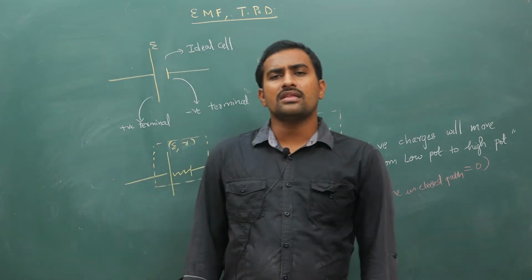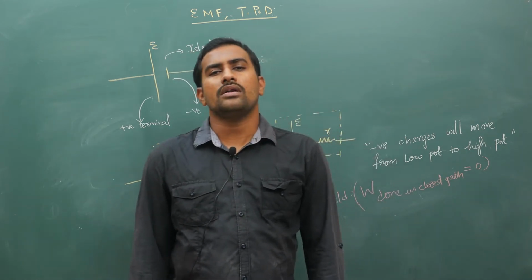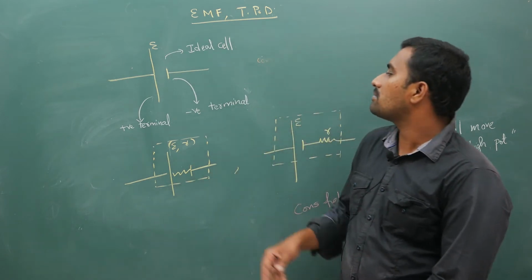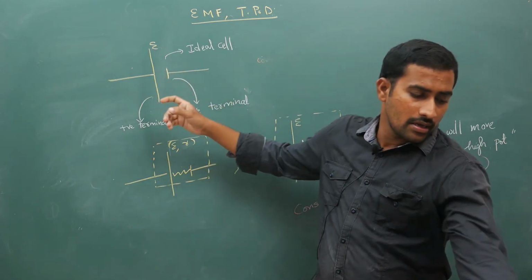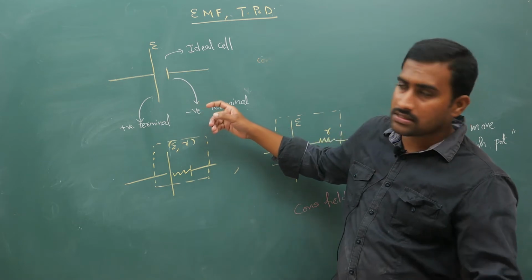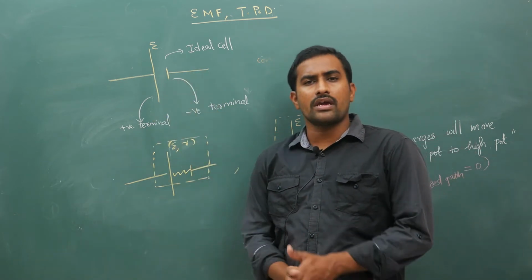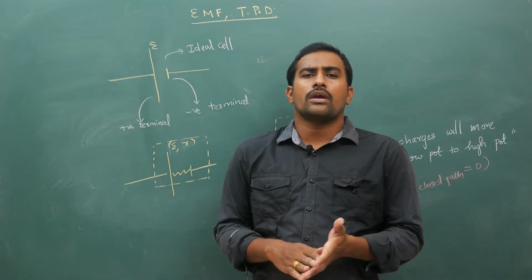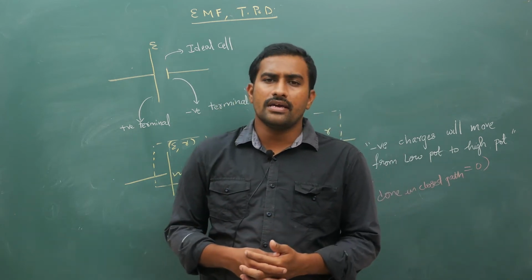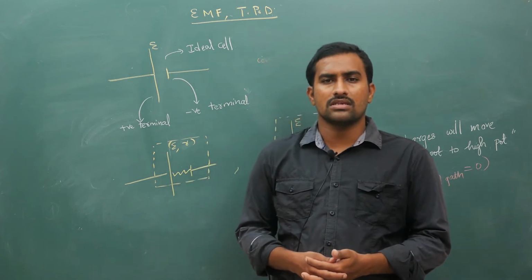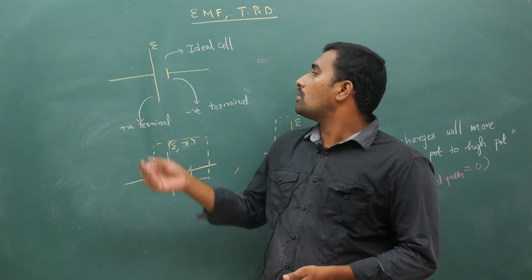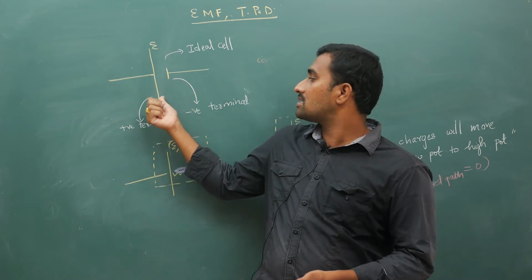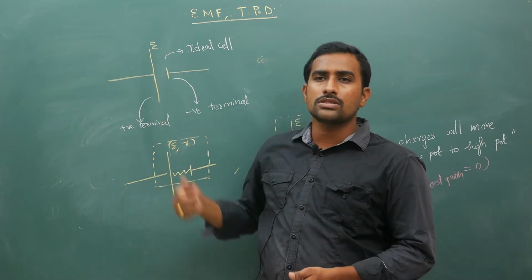Now for that, first you need to know what is meant by a cell. Okay, so this is a symbol of a cell. There are different types of cells: an ideal cell, and a cell with an internal resistance. An ideal cell is represented like this, in which this is your positive terminal and this is your negative terminal.